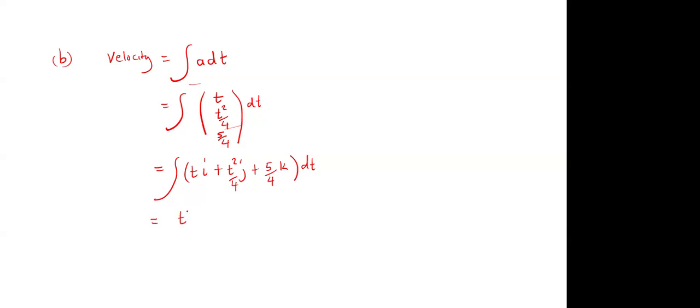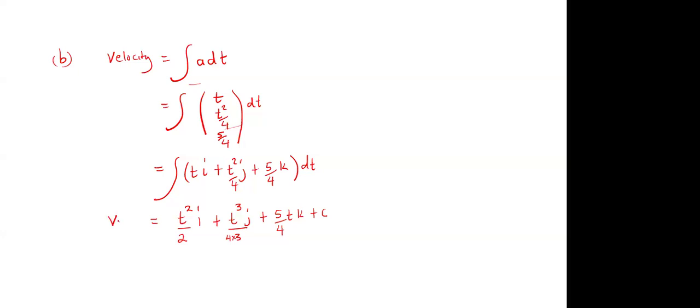So the first one, we shall have t squared out of 2i plus the second one, we shall have t cubed out of 3, but we have a 4, so it will be 4 times 3 j plus 5 out of 4 t k, then plus a constant.